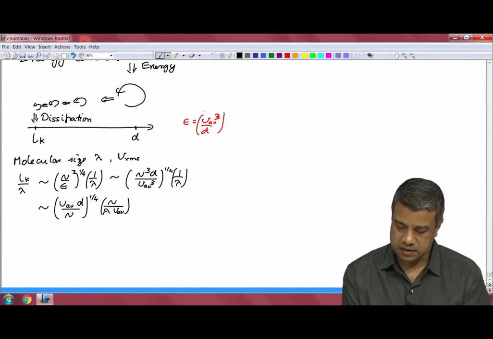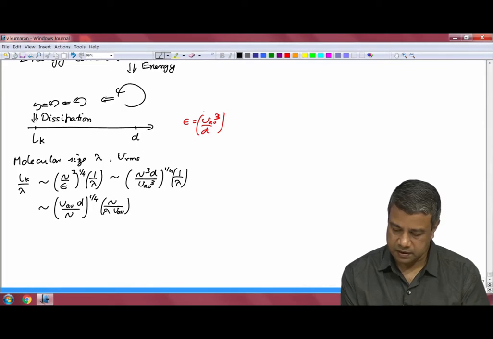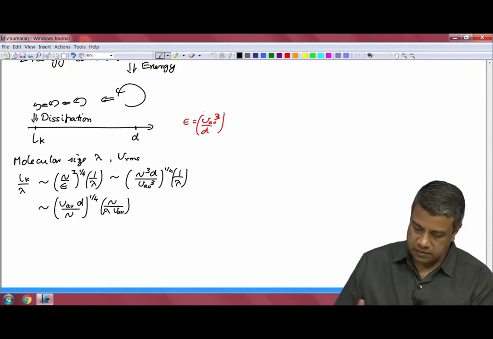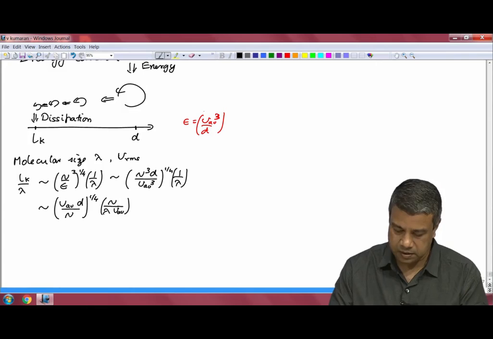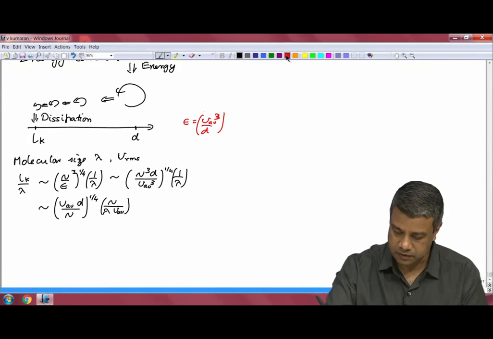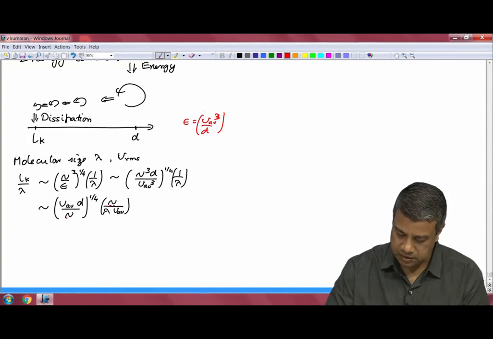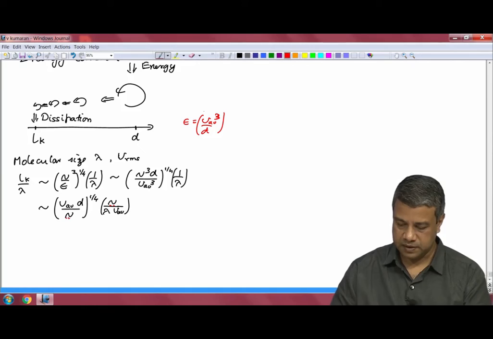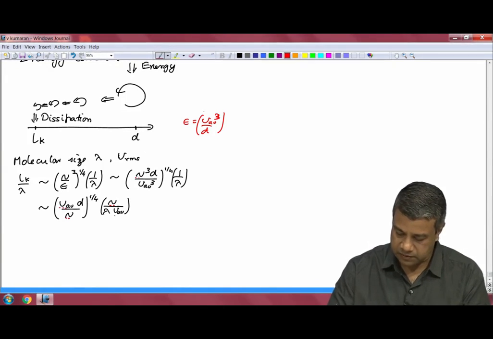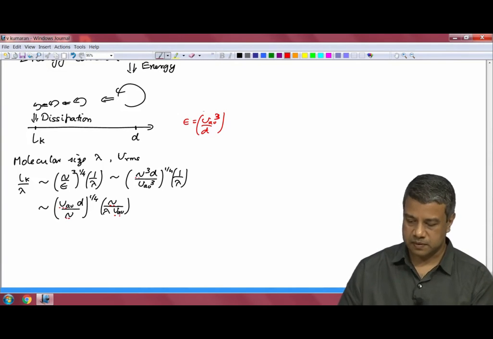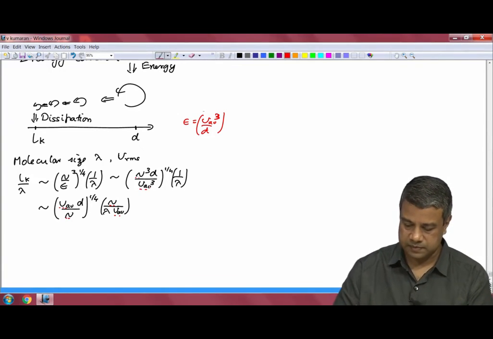I have just rearranged this equation. You can easily verify that it will reduce to this. So, I have a 1 over lambda here. The power of nu is nu by nu power 1/4. Therefore, I get a nu power 3/4 here, and the power of velocity is velocity power 1/4 divided by the velocity, that is velocity power minus 3/4, which is the same as it is here.